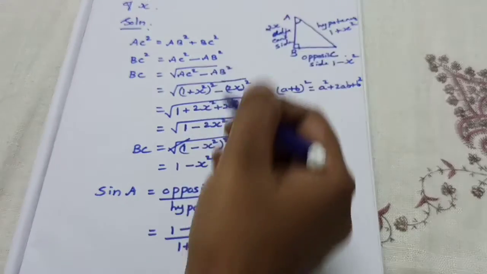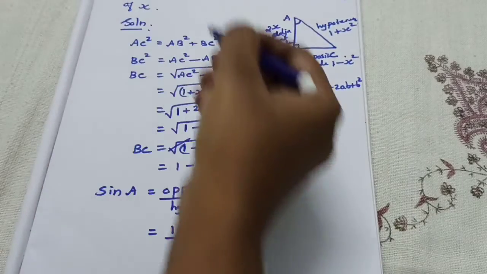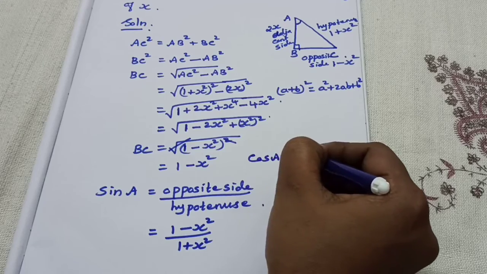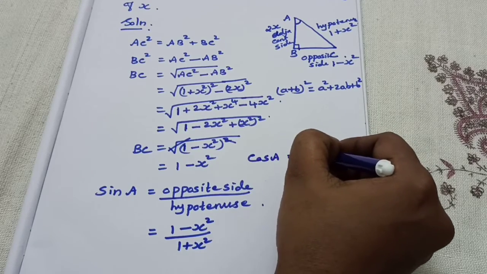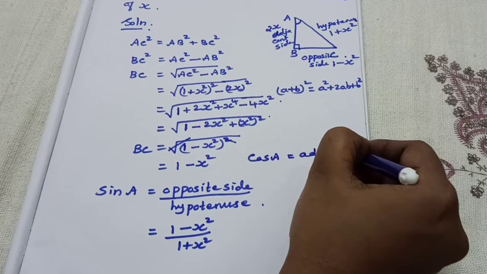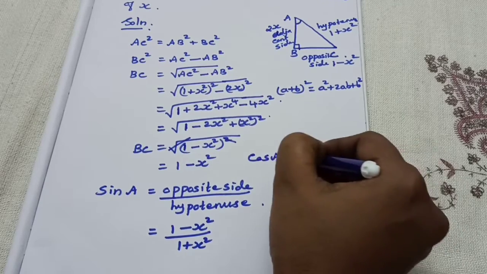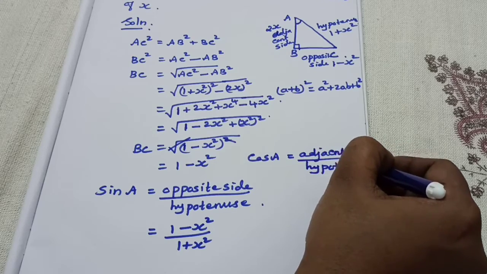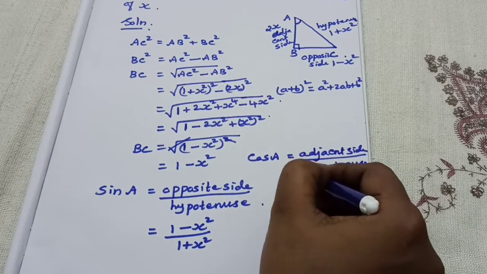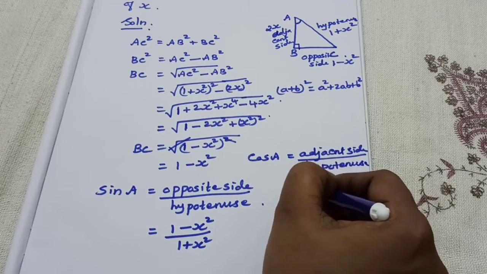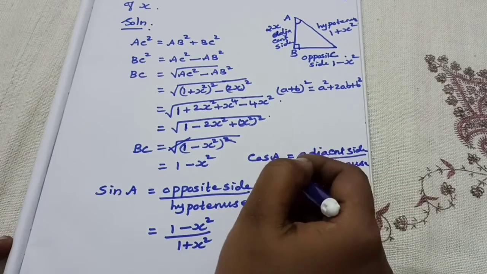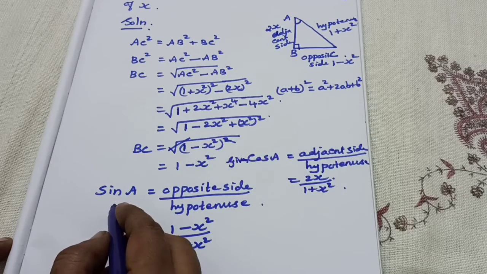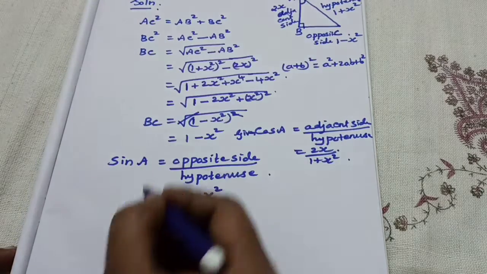Next, the tan A value you should find out. Before that, the cos A value you should write. Cos A is given: cos A is equal to adjacent side divided by hypotenuse, which is 2x divided by 1 plus x square. Correct? Then after finding the sin A value, you should find the tan A value.